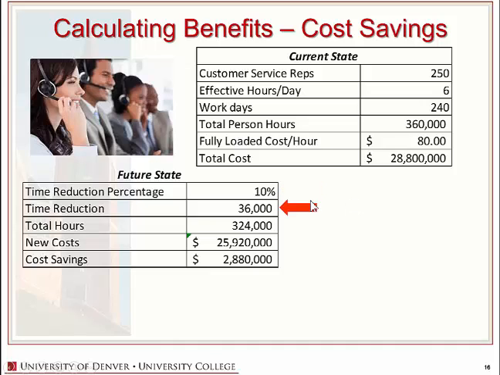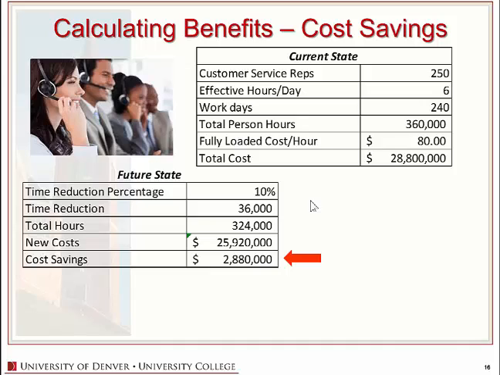That time reduction results in a reduced number of hours, 36,000 hours. So the total hours are now 324,000. Our new costs are a little over $25.9 million. So you save the company about $2.9 million.